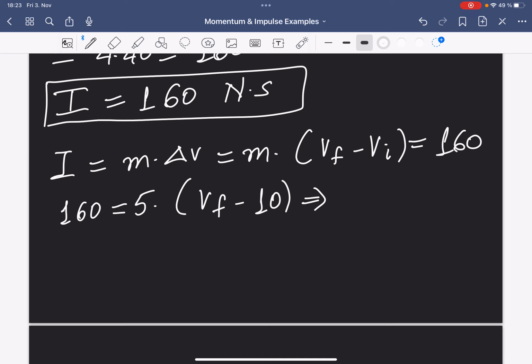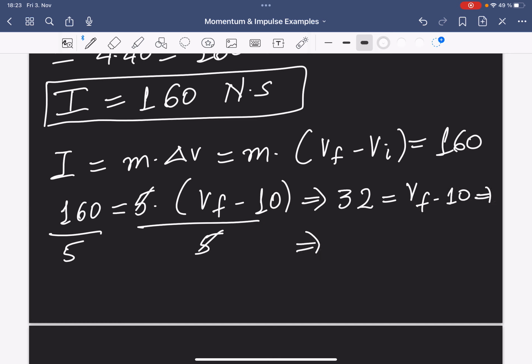To work this out, we're going to divide both sides by 5, and then we're going to have 160 divided by 5, which is 32, equal to VF minus 10.